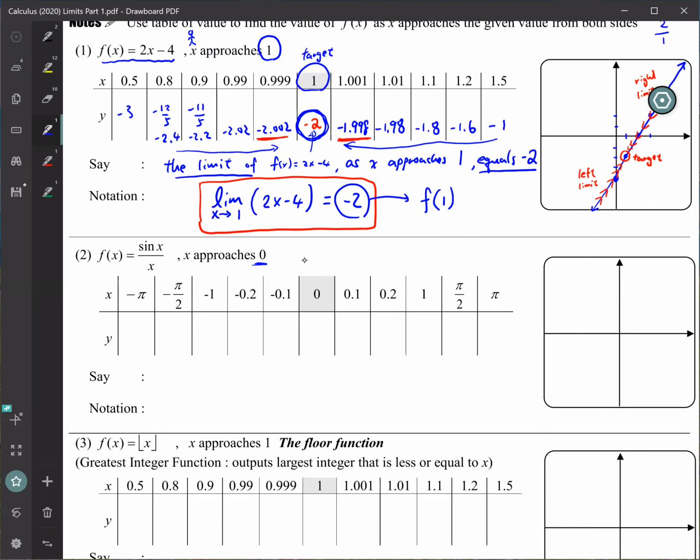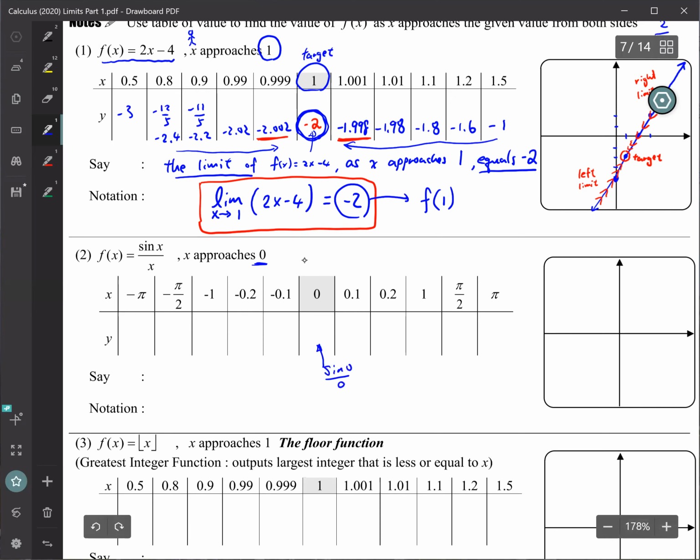This one, I don't think so, because if you have 0 in the denominator, isn't it non-existent, or undefined or something? Yeah. Right, you get sine of 0 over 0.